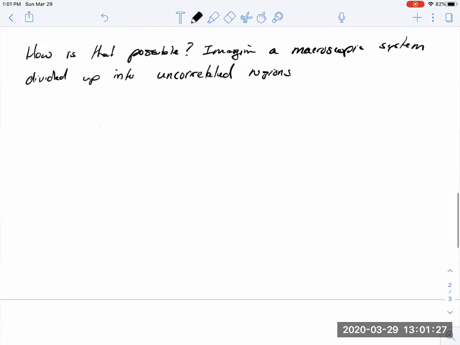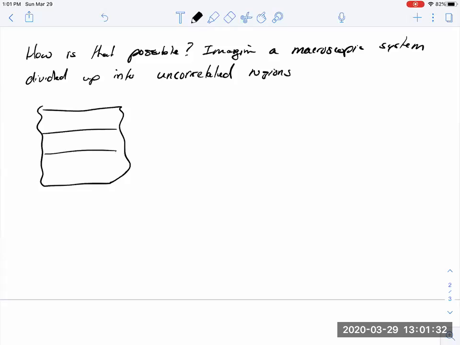So we take a little snapshot of our system, we grid up space into little boxes.